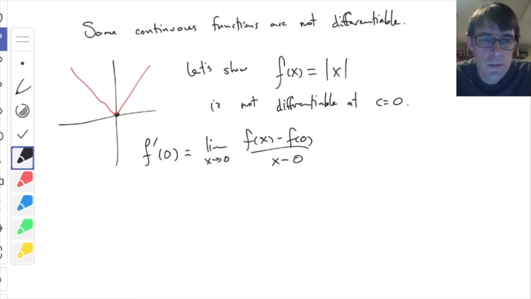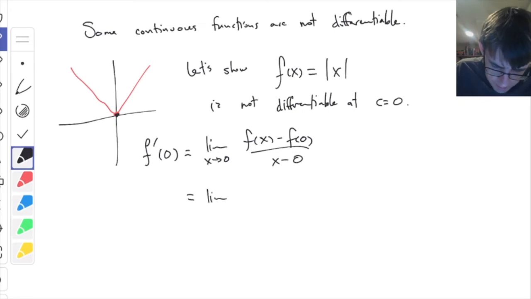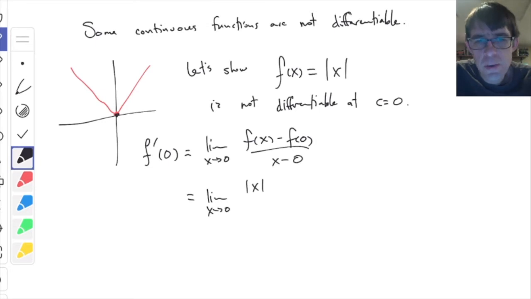What can we do with this? I want to try and simplify this as much as I can. f of x, I can just write as absolute value of x. What is f of 0 in this case? It is the absolute value of 0, which is 0.